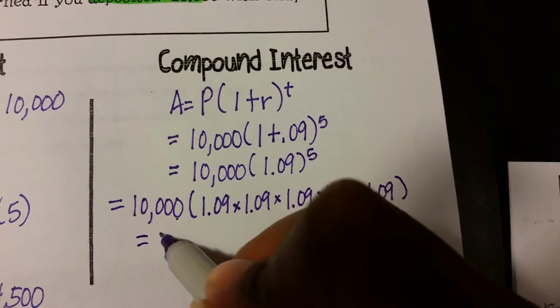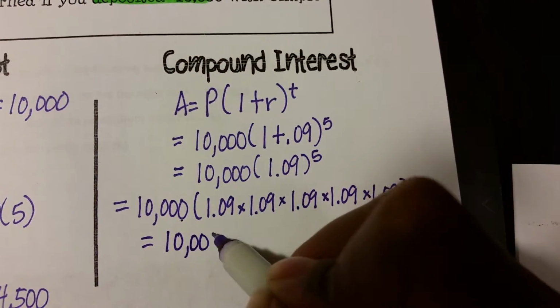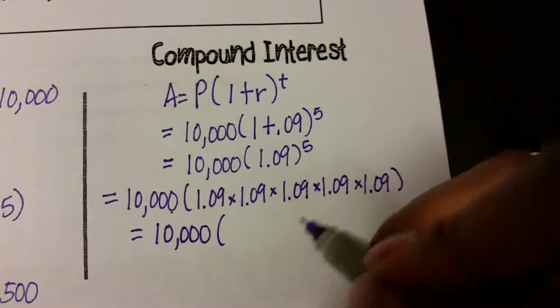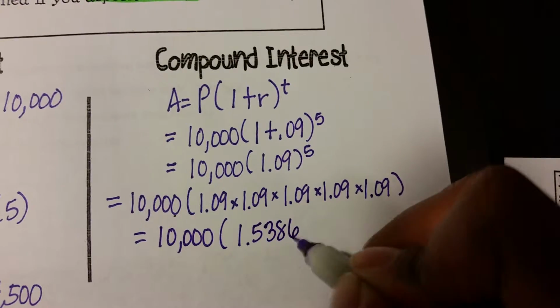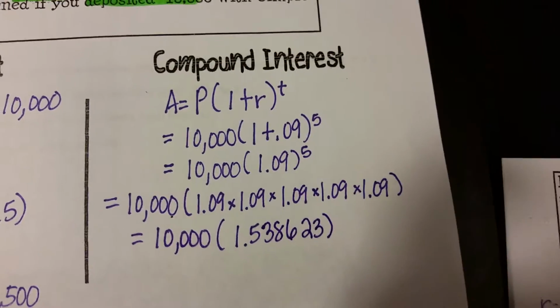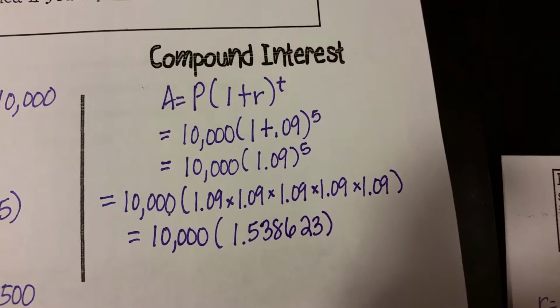Okay, so if I get my calculator and I calculate that out, I would get 1.53863.